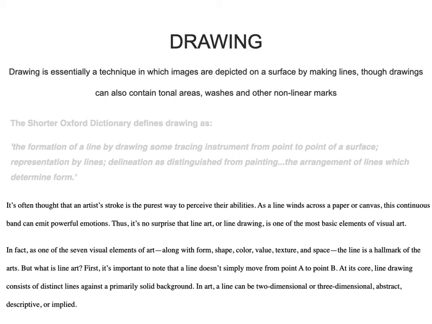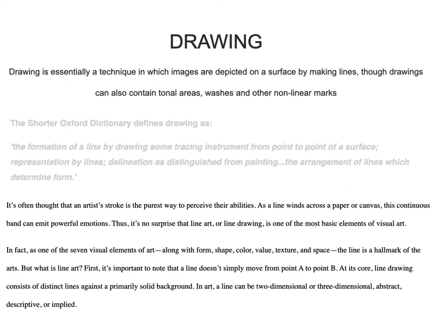And it's often thought that an artist's stroke is the purest way to perceive their abilities. A line winds across a paper or a canvas. The continuous band can emit powerful emotions. It's no surprise that line art or line drawings are one of the most basic elements of visual art.